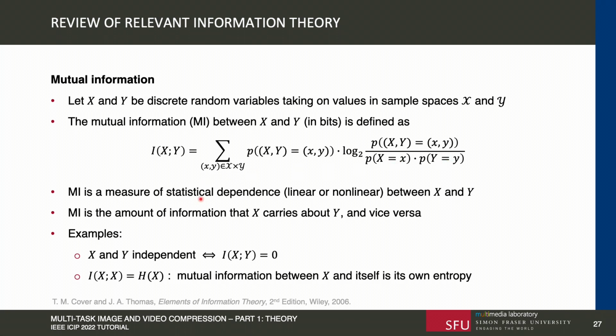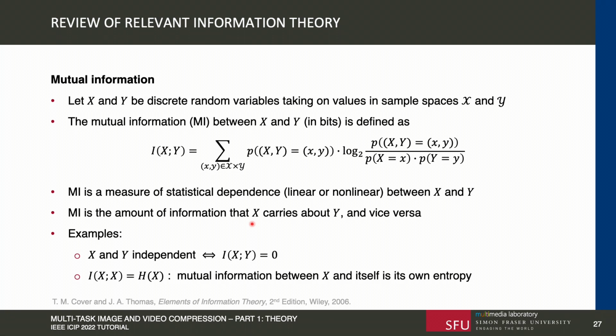So mutual information is a measure of statistical dependence between random variables, and it's able to capture any dependence, whether linear or nonlinear. Its interpretation is that it is the amount of information in bits, if the logarithm is to the base 2, that one random variable carries about the other.